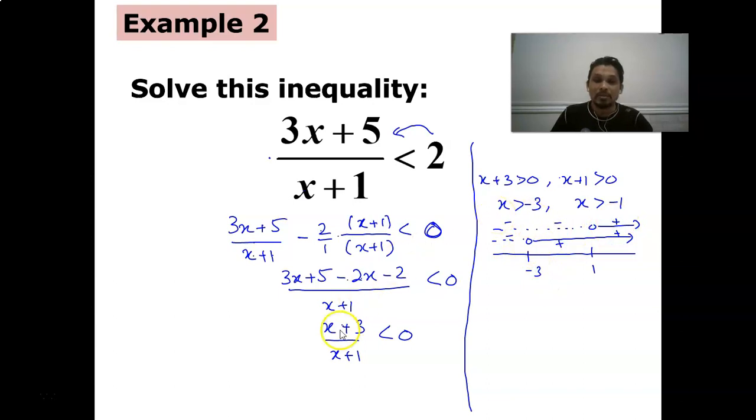Okay, so this, x plus 3 divided by x plus 1: negative divided by negative, positive. Negative divided by positive, negative. Positive divided by positive, positive.